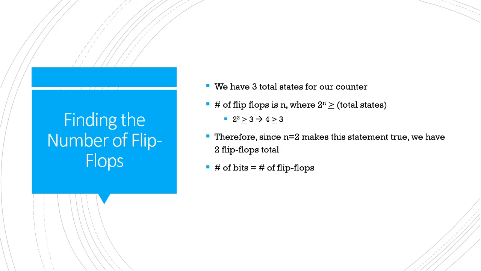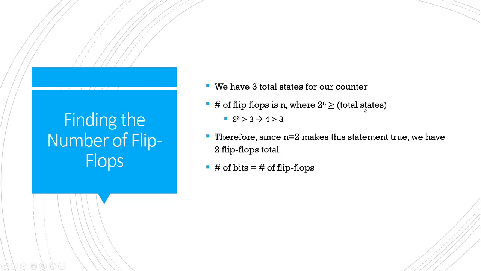Now, what we can do to find the number of flip-flops is we can look at the number of bits that we're dealing with, which is 2, and that will directly tell us how many flip-flops we have. So since we're dealing with 2 bits, we will have 2 flip-flops. Another way we could do this is we can look at the equation 2 to the power of n is greater than or equal to our total states.